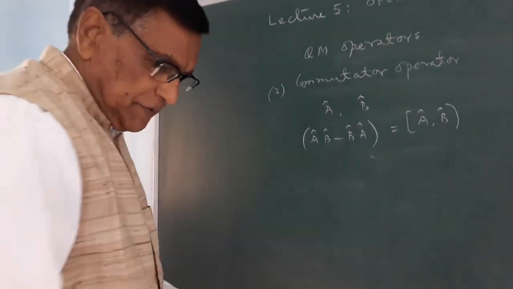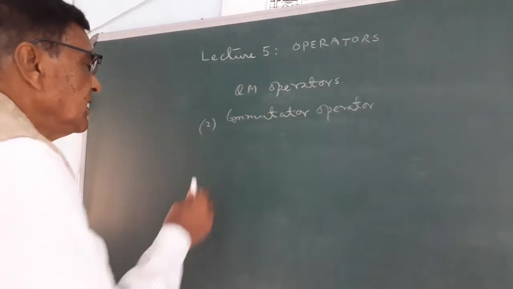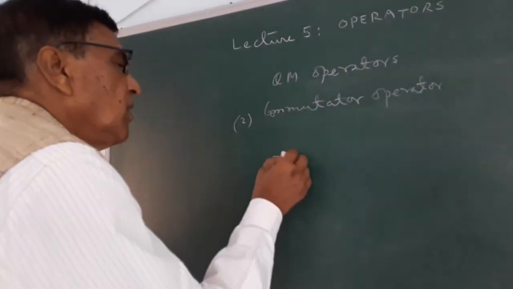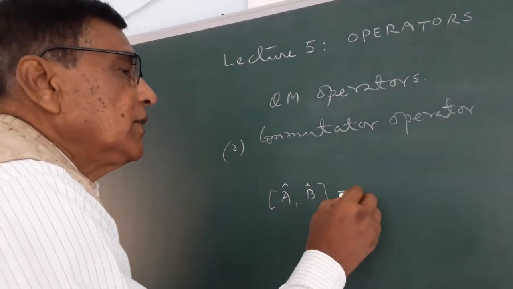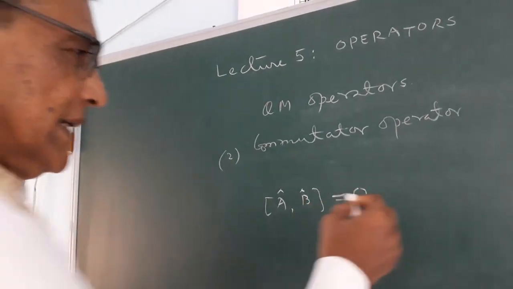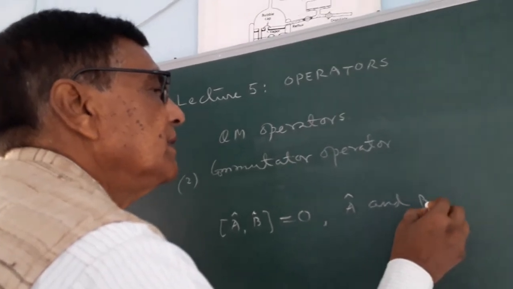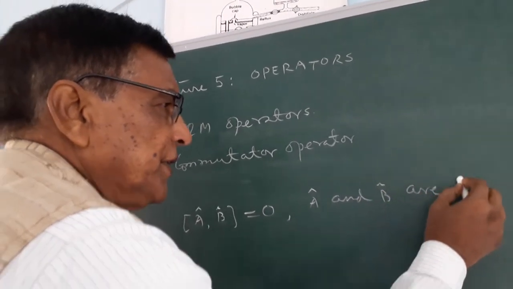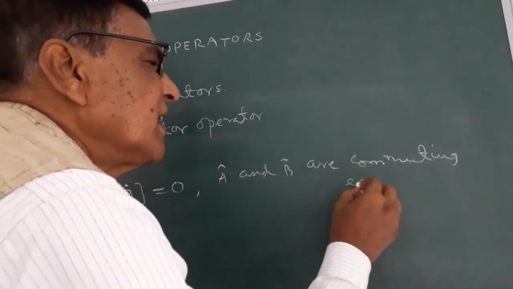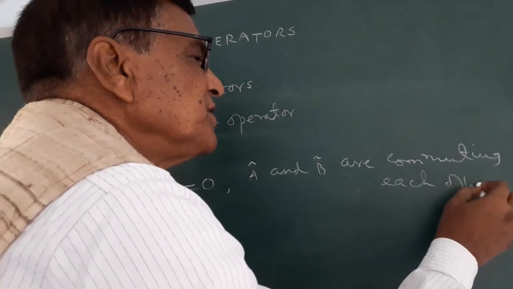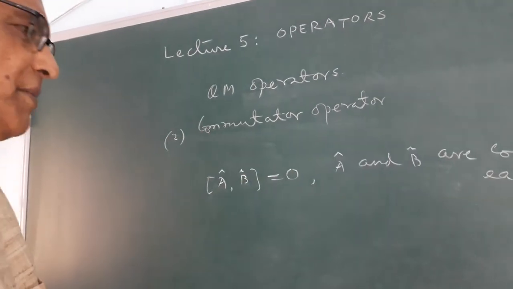If the commutator of A cap and B cap is equal to 0, then we can say A cap and B cap commute with each other. That means if we change the order of multiplication, the result will remain the same.